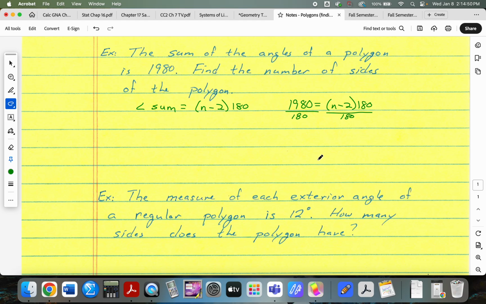The nice thing about this is that almost always you're going to be able to do this. Well, those are both divisible by 10, so it's 198 over 18. That makes the division easier. 18 goes into 198 11 times. So 11 is equal to n minus 2.